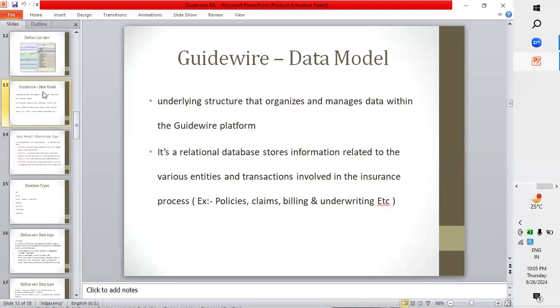So please write down, as a business analyst, please make a note: when we are working on the configuration part, it's important to understand data models when we are working on the Guidewire modules.